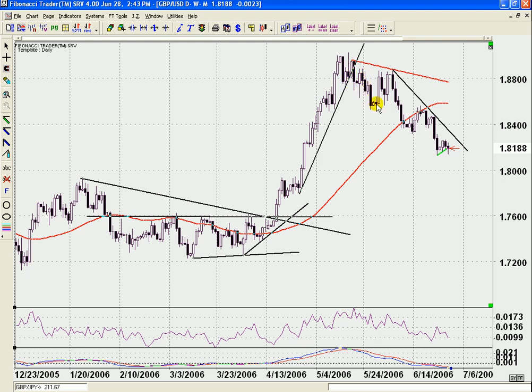The market gave way, made one last attempt up, and then started its down legs here, and continued to move lower to where it is now. Here we had a price retracement to 38%.